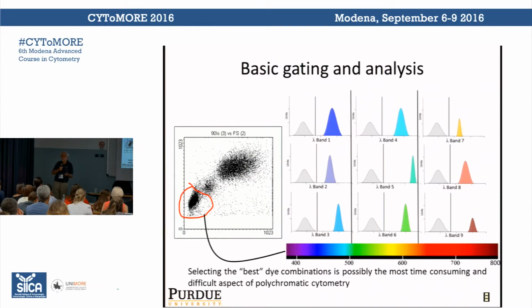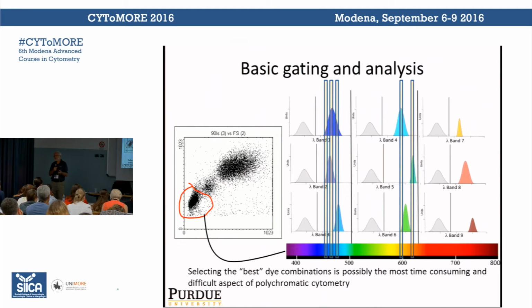There are some problems. And one of the problems is that if you happen to have some probes that are close to one another, you have to make a decision as to how wide to make that window or where to make that window. And that is very tricky, and it takes a lot of knowledge and a lot of effort to do this right. And sometimes you can completely separate things, but sometimes you can't.